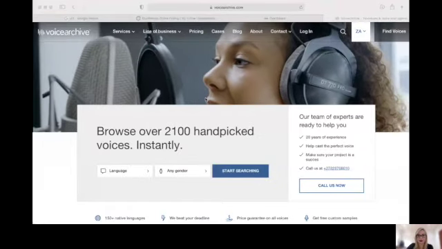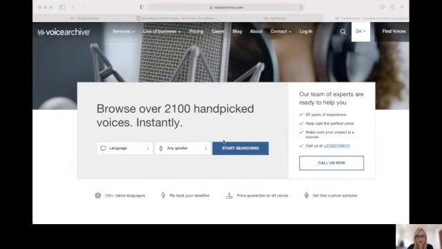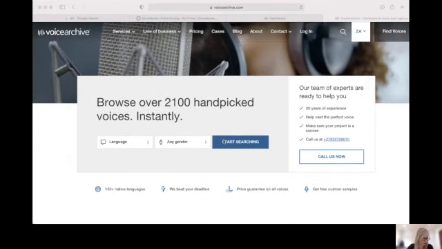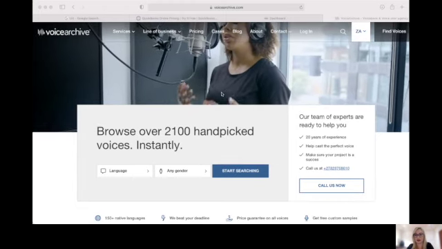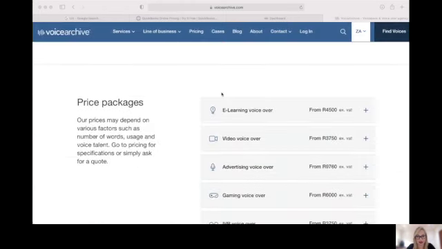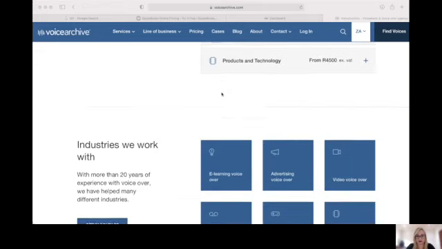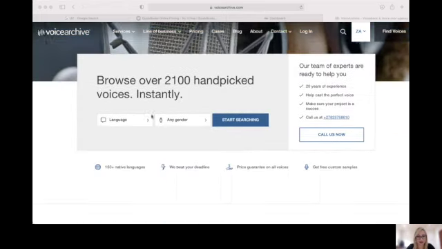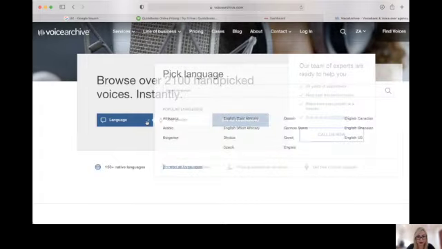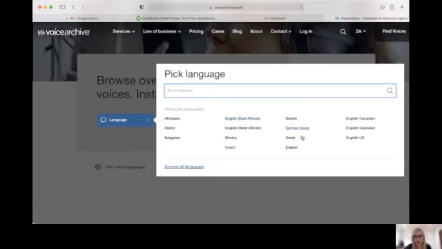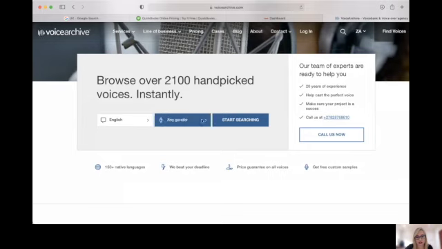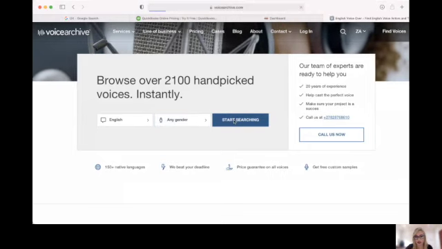Okay, so here we go. You can see what it looks like. Well, here you can see one of them. The Voice Bank's website is down at the moment for some reason. So here's another one. So if we choose a language, we'll simply choose English of any genre and we'll start searching.